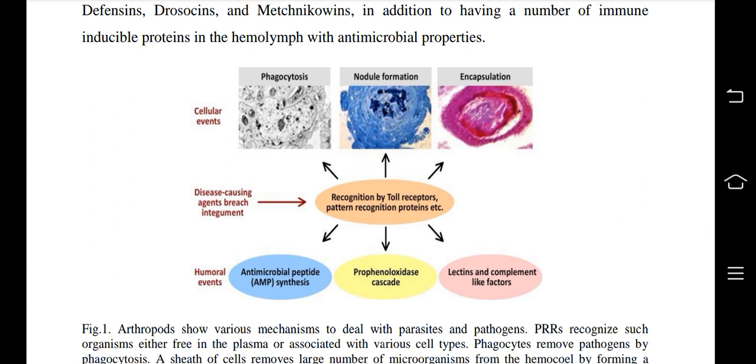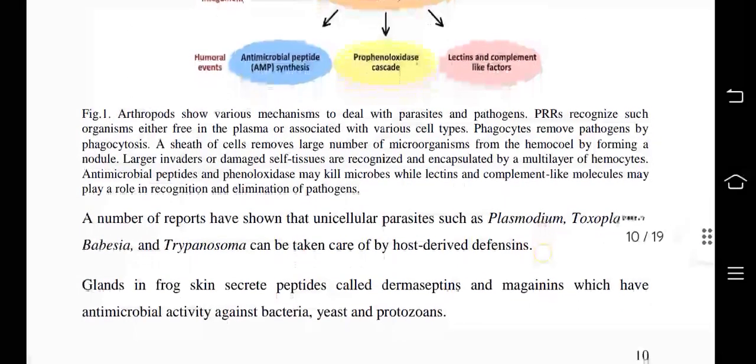Cellular events include phagocytosis, nodule formation, and encapsulation, with recognition by toll receptors and pattern recognition proteins. Disease causing agents breach the integument. Humoral events include antimicrobial peptide synthesis, the prophenoloxidase cascade, lectins, and complement-like factors.